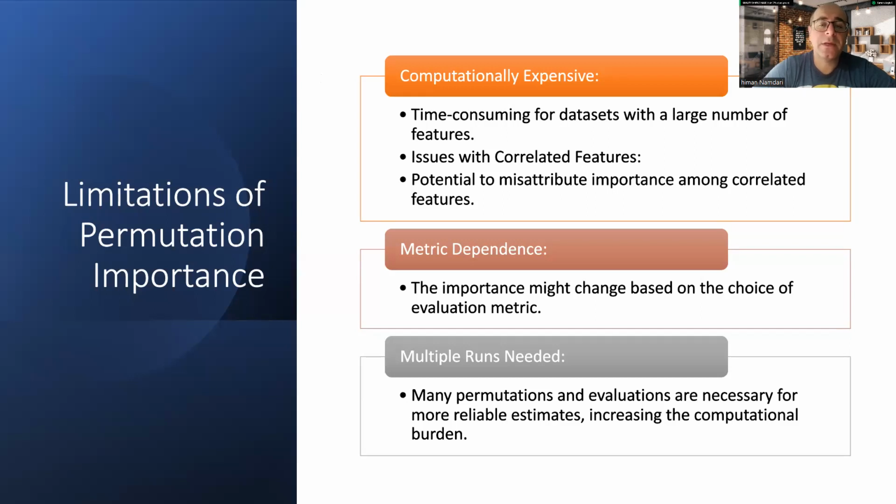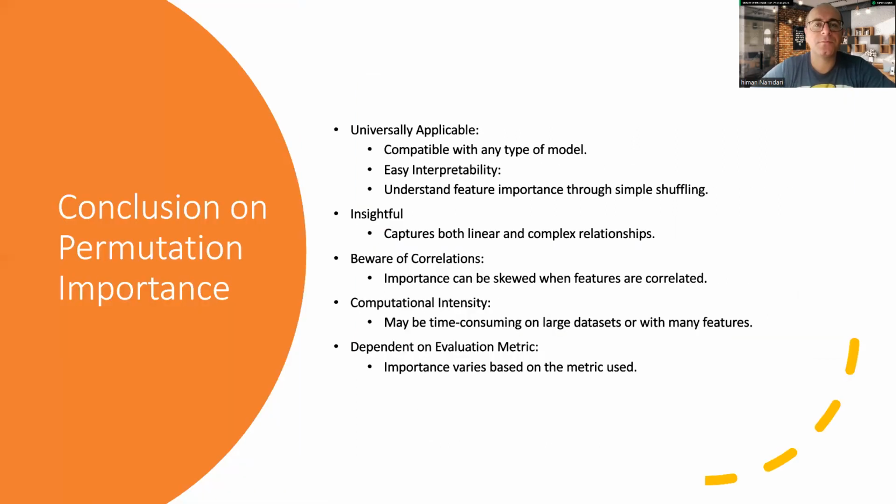It's also metric dependent, so the importance might change based on the choice of evaluation metrics. So what you can do is select several metrics and see which one of them gives you the best result. There are also multiple runs needed for this experiment.